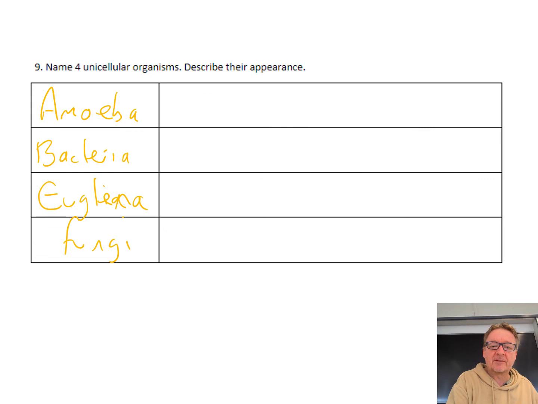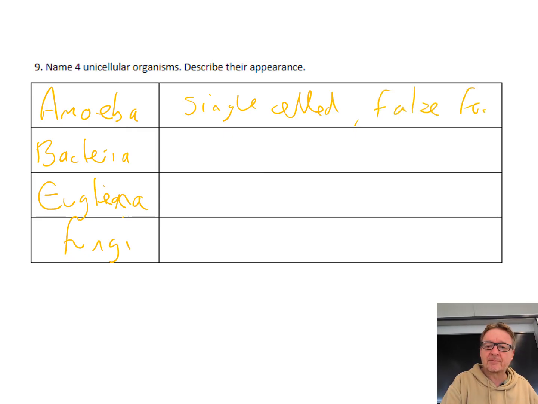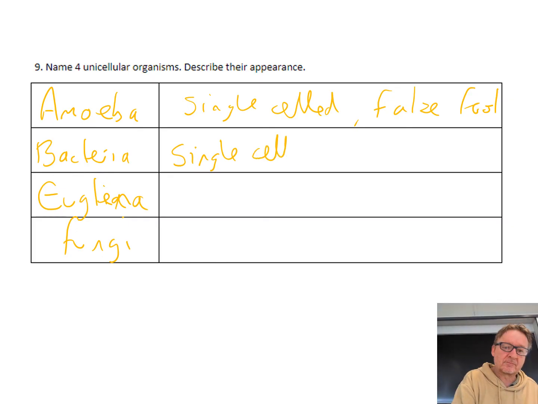So an amoeba is single-celled, and sometimes it's described as looking a bit like a false foot. Bacteria is single-celled again, and some of them have flagella.